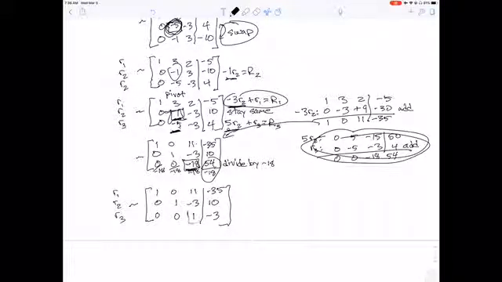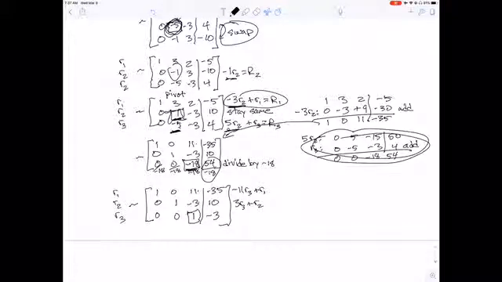So again, lowercase r1, r2, r3 refer to my current rows, and I'm going to use that 1 in that position on row 3, near the end of row 3, as my pivot to clear out the 11 and the negative 3. To do that, I'll take negative 11 times row 3 and add that to row 1, and I'll also take 3 times row 3 and add that to row 2. That's going to clear out the 11 and the negative 3.